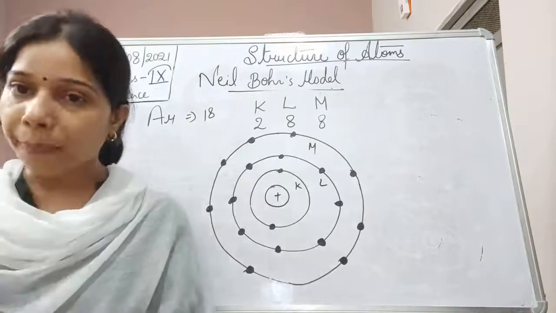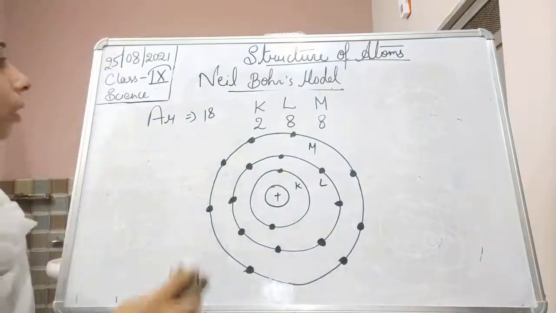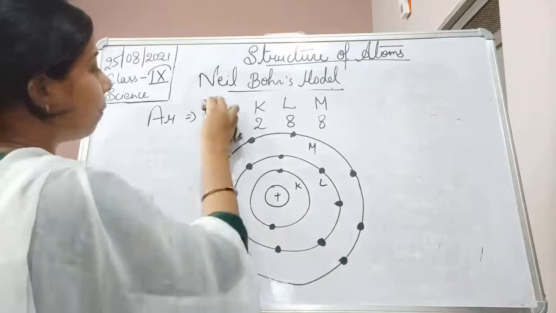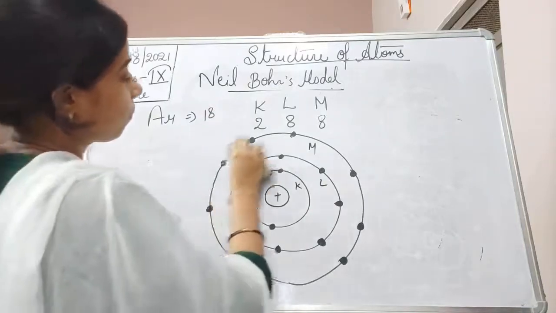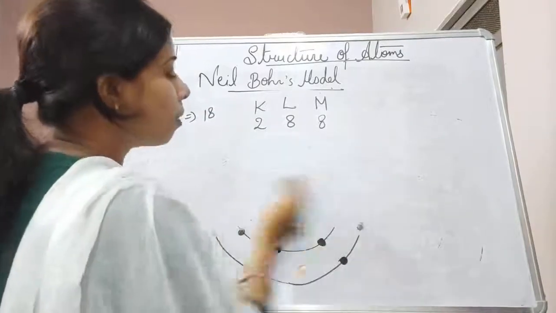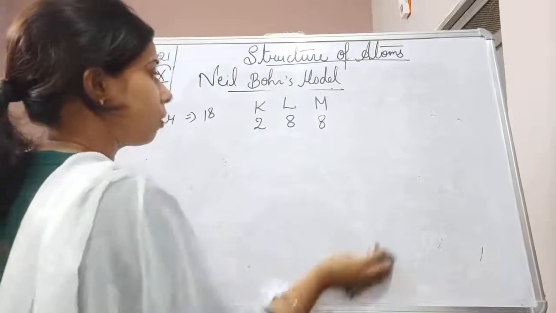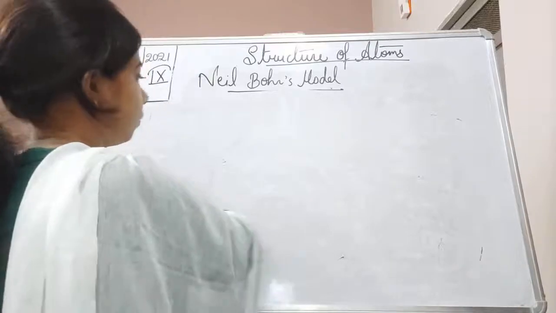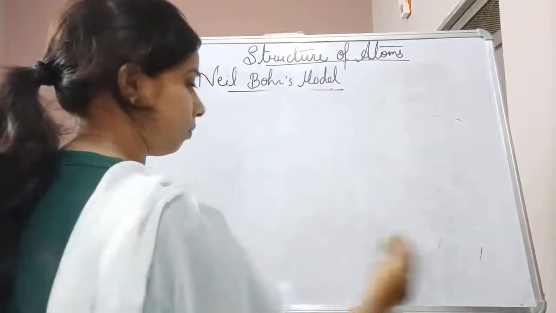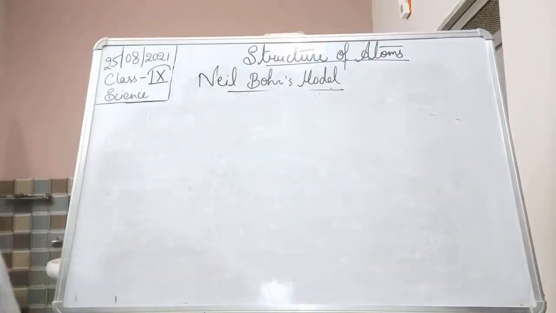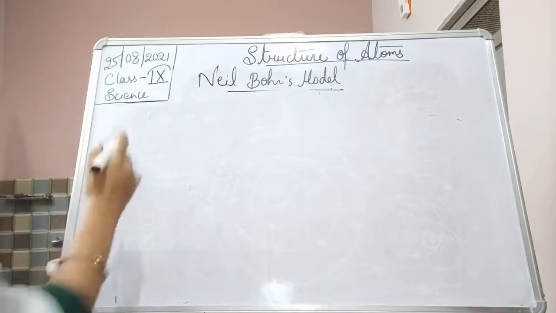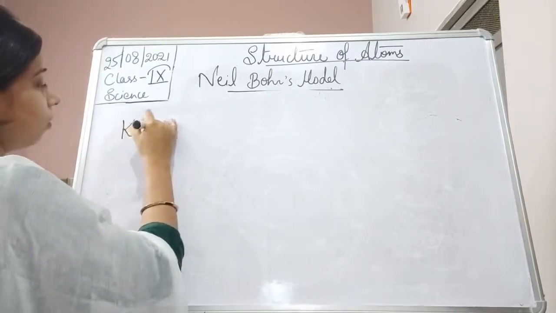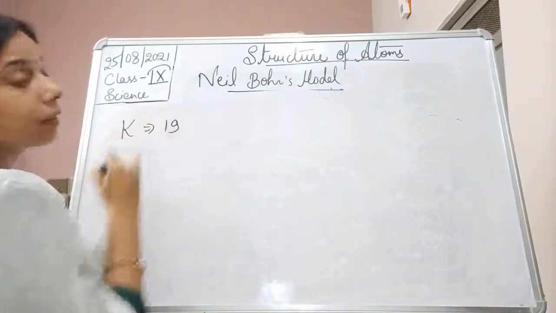Now, what happens in the case of 19 and 20? Let us take the example of calcium and potassium. Potassium: atomic number is 19.